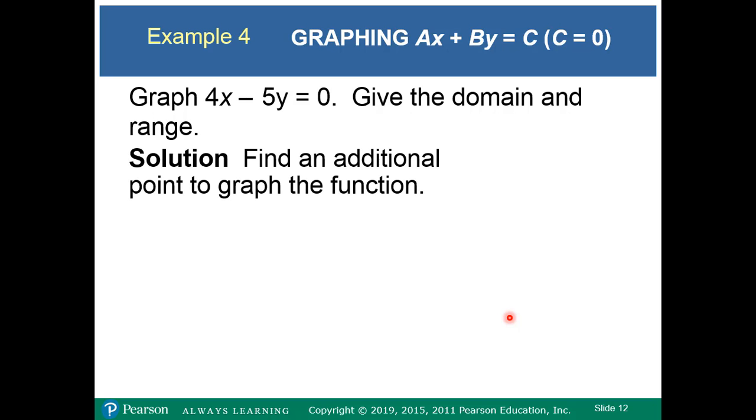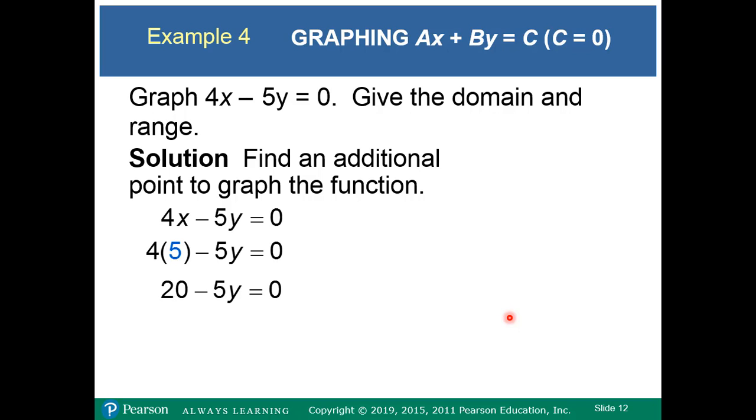Now we're going to find an additional point, because since we only have one point, we just need one more. We can pick a value for x and find the corresponding value for y, or we can pick a y value and find the corresponding value for x. It doesn't really matter which way you go, just pick one. Here they pick 5. Plug in 5 for x and see what you get for y.